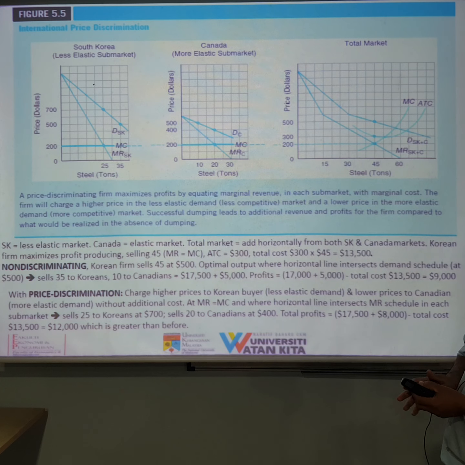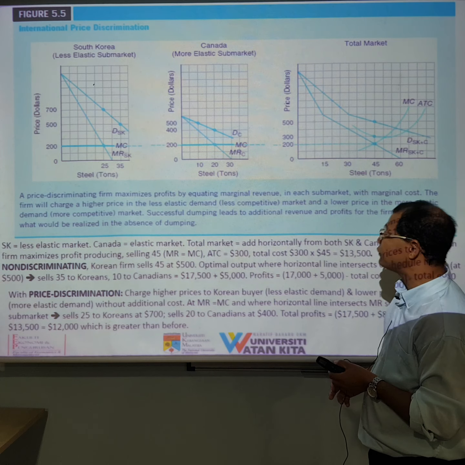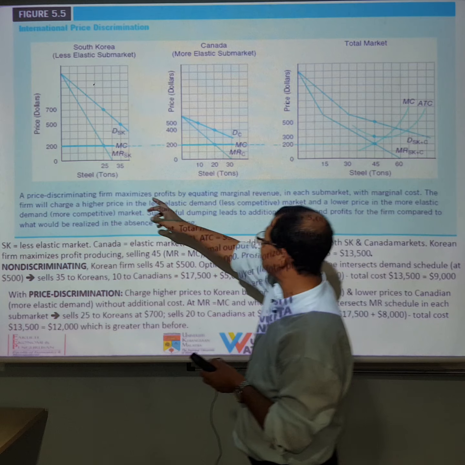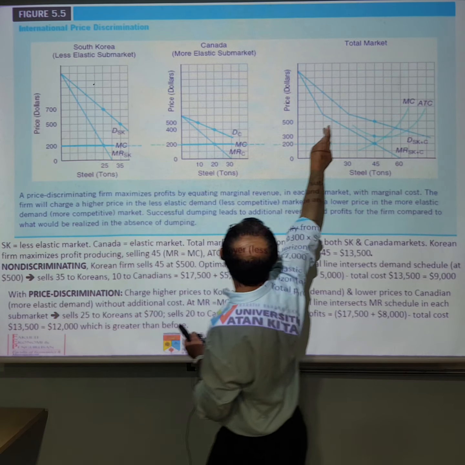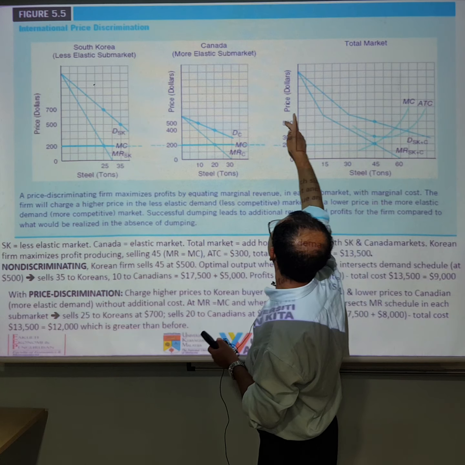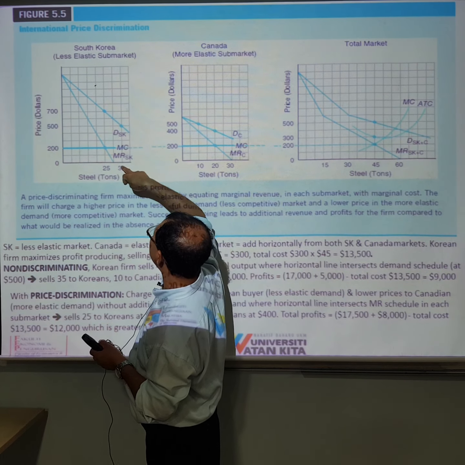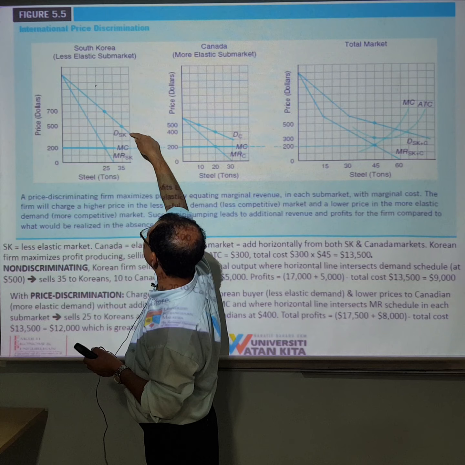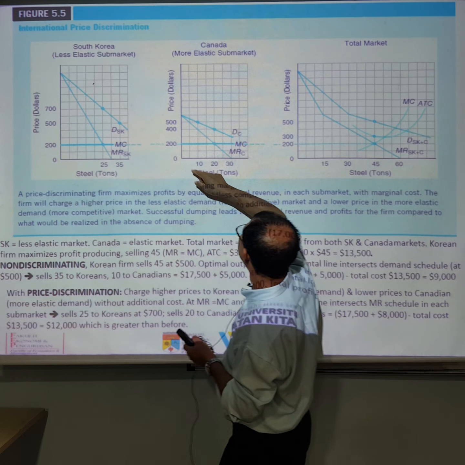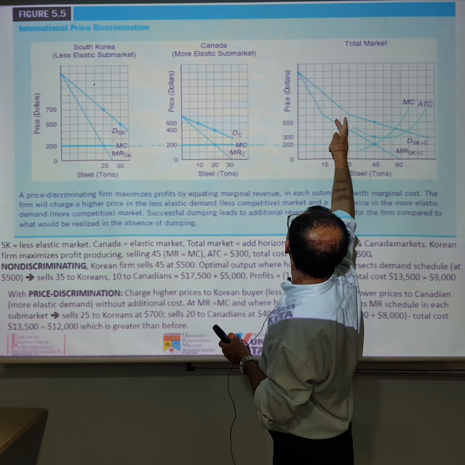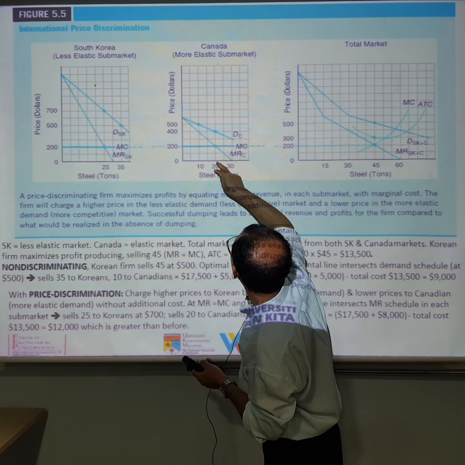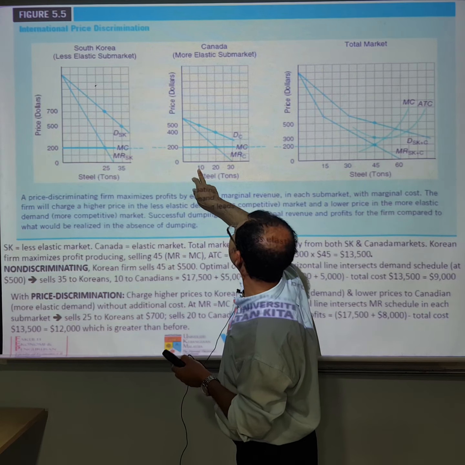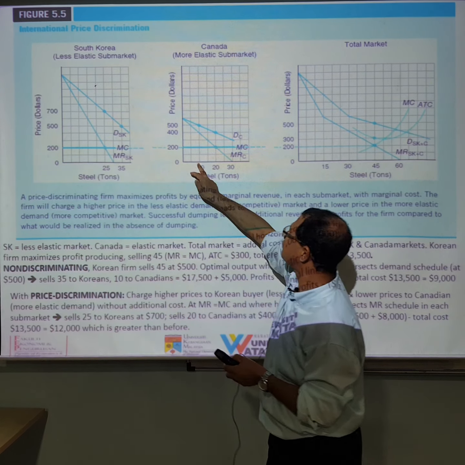So it sells 35 to Koreans at 500, on this 500 line, in the Korean market, and sells 10 in the Canadian market.